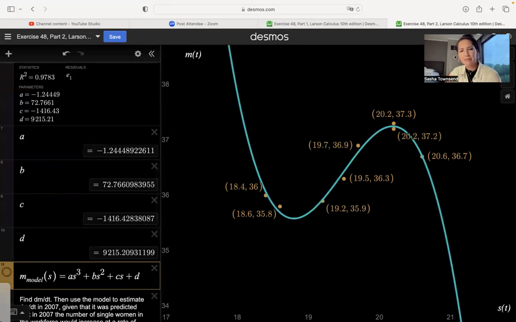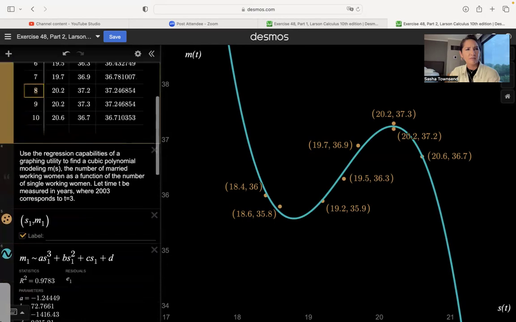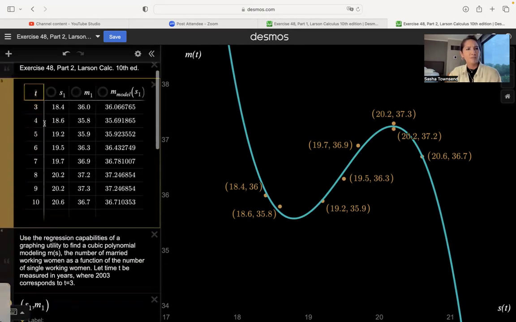Like, gosh, what does that mean? Let's look at this table of values again. Notice as we go from 2003 to 2004, 2005, and so on, the number of single women in the workforce increases. Not by very much, but we've got 18.4 million, 18.6 million, 19.2 million.